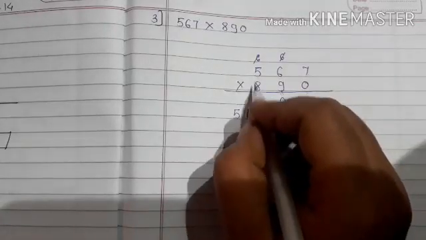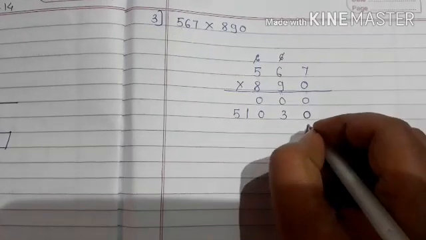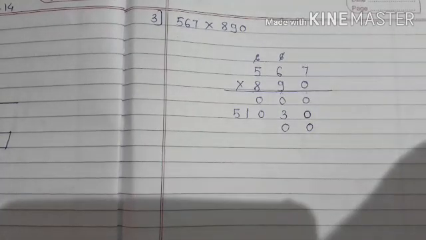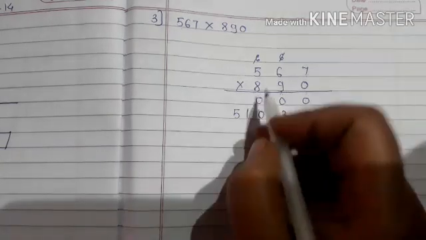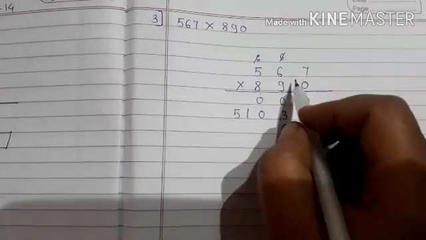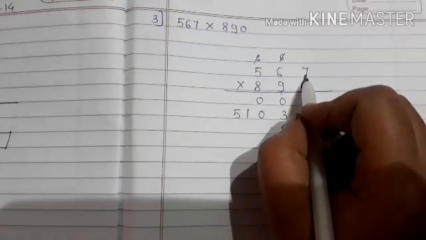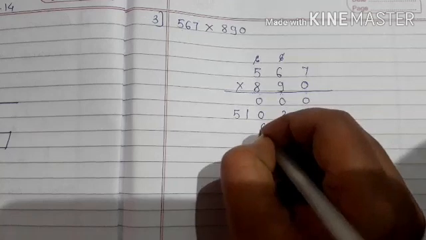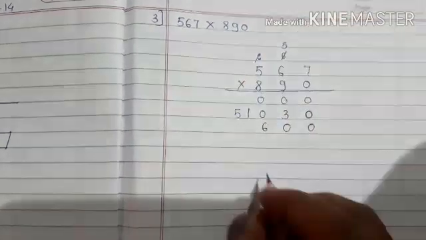As we are going for the third step, how many zeros do we have to use here? Yes, 2 zeros. When we are going for the third step, we have to use 2 zeros. Now multiply by 8. So now you have to count the 8 table. 8 sevens are 56. So 6 I am writing here, carry 5.